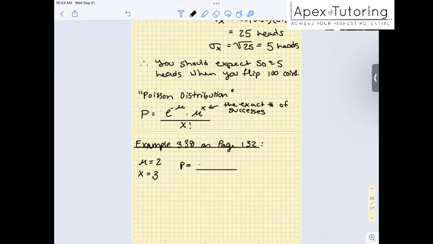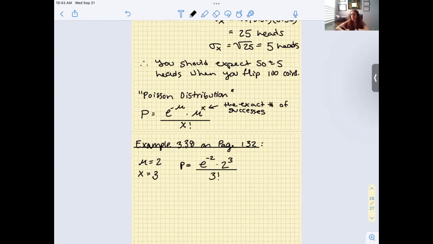It's e to the power of minus 2 times 2 to the power of 3 over 3 factorial. Very good. You should be able to enter all of that into your calculator all at once using your fraction button, your exponent button, and your factorial button. What do you get?